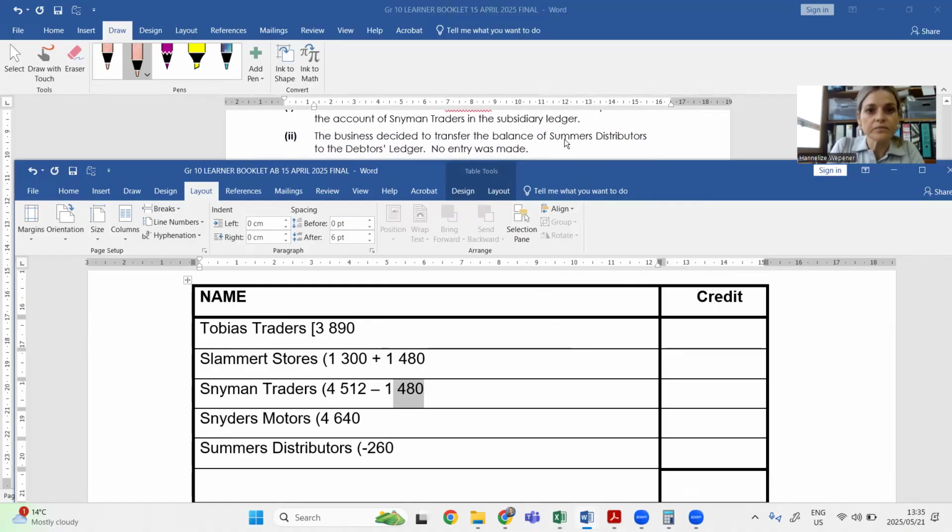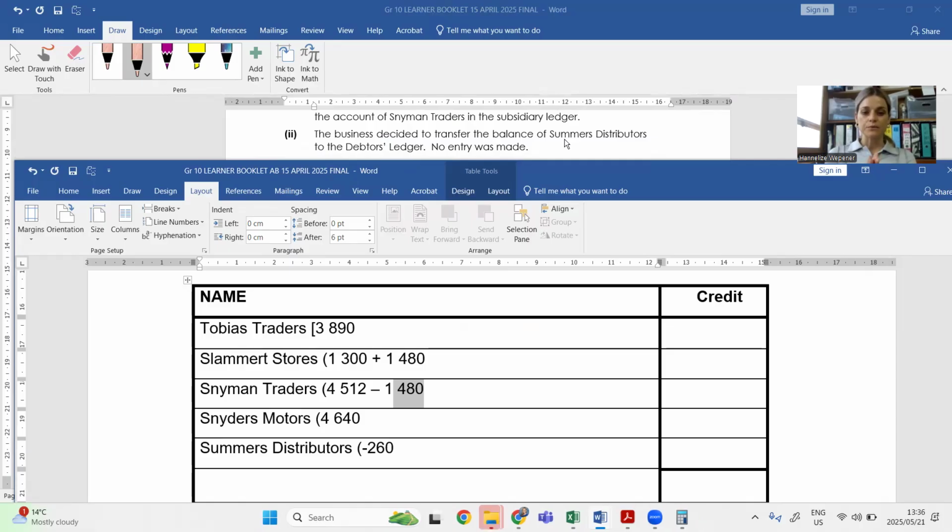Right, then the business decided to transfer the balance of Summer Distributors to the debtors ledger. No entries were made. So remember that we said when we did the debtors that we have to first record an entry if it's not there at all.